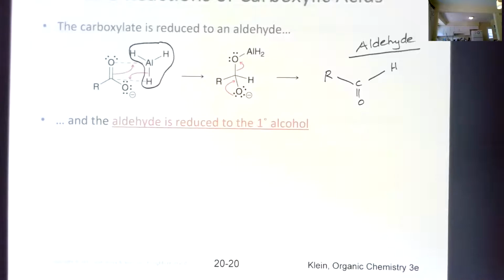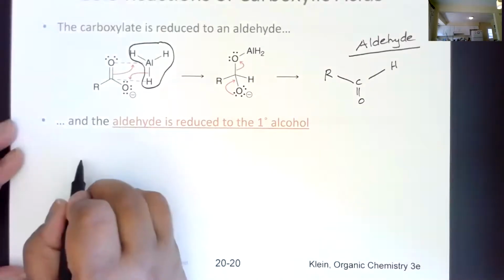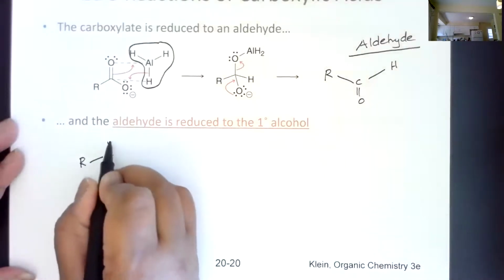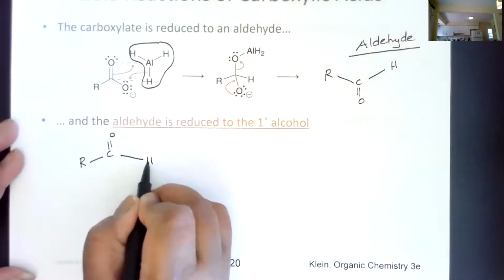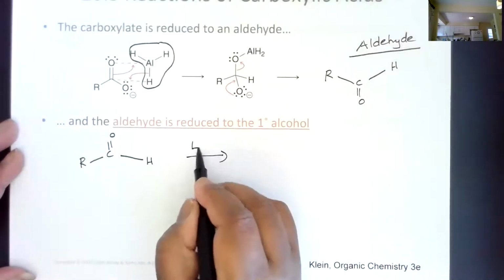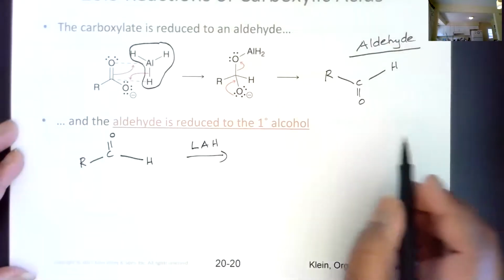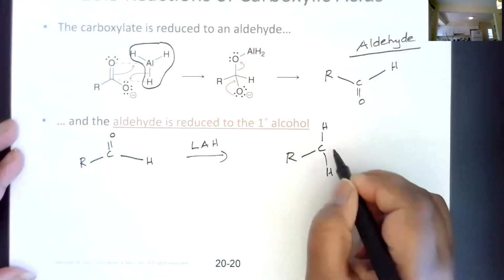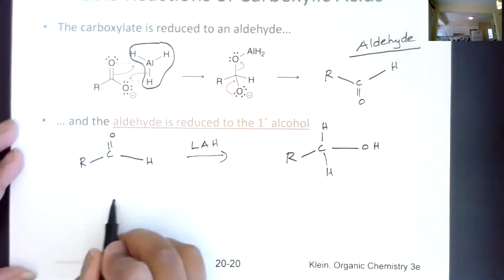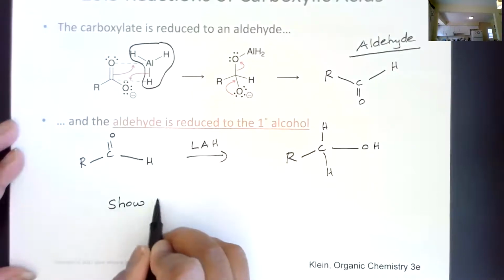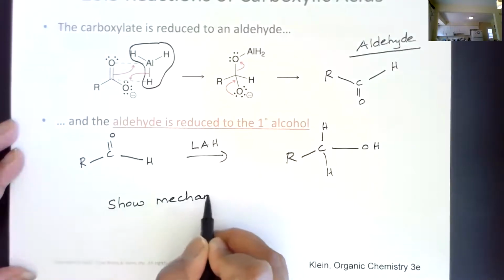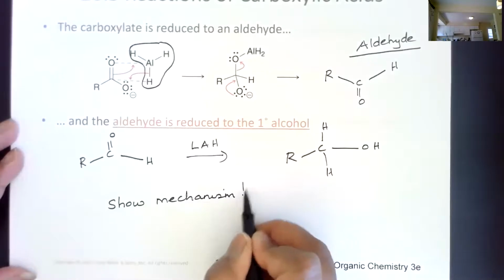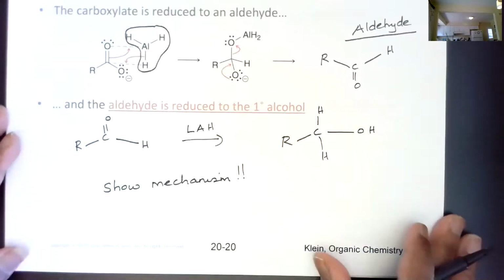Aldehyde. And then from an aldehyde, you know this one. And it's converted to a primary alcohol. Okay, I'm going to say here, show mechanism.